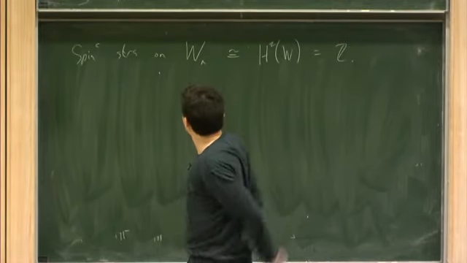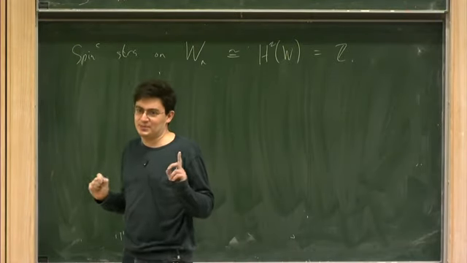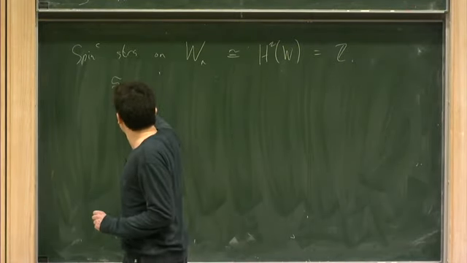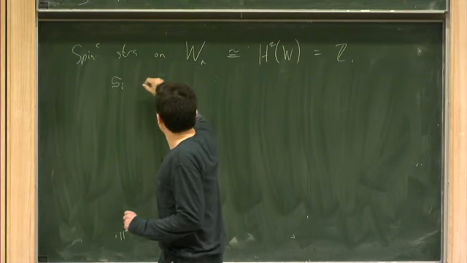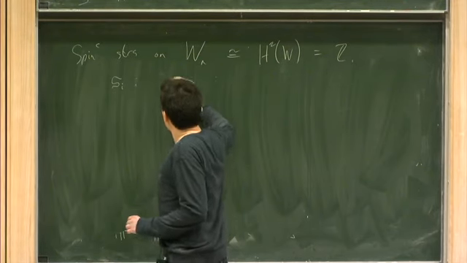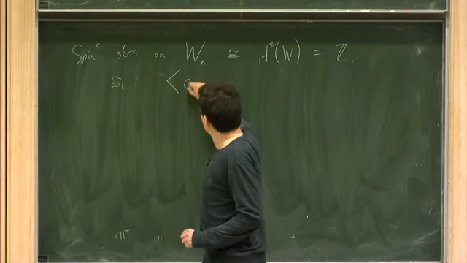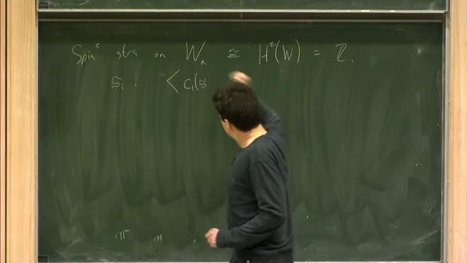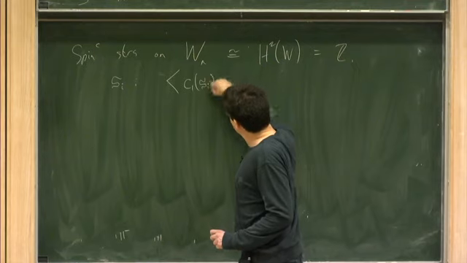And so we can index these in a particular way. Let's do it as follows: s_i is going to be characterized by the fact that I take its first Chern class.